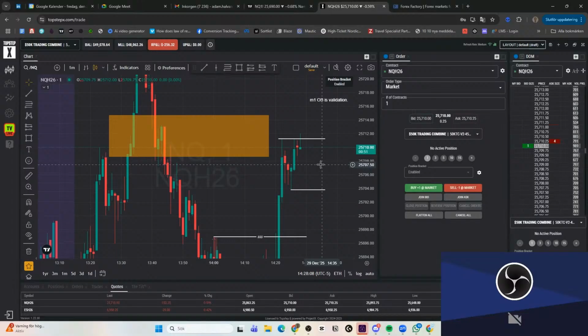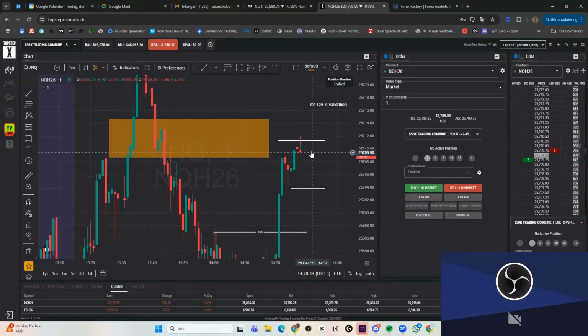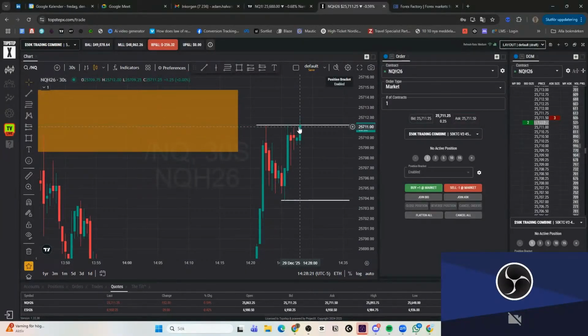This used to be my entry strat. I would find the 1 minute order block, look for the validation. Because this counts as an order block to a degree, because it's a move that clearly takes out liquidity.